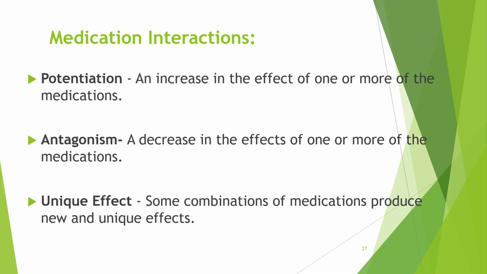Antagonism is a decreasing effect of one or more of the medication. So when you take tetracycline with milk, it blocks that medication from doing its job. And then unique effects is some combination of medication produces new and unique effects.